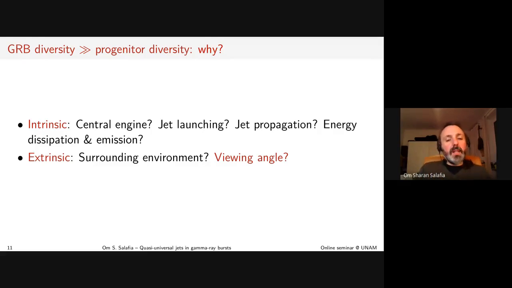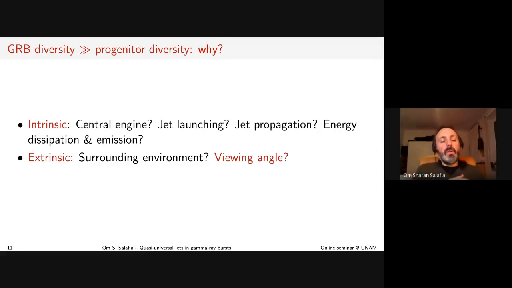It could be, for example, that the surrounding environment plays a role, and we actually do know that for gamma ray burst afterglows, which are produced by shocks when the jet material collides with the external medium, for example the interstellar medium surrounding the remnant, depending on the density of the external medium and even on the clumpiness or density profile, we can have diverse properties of the external shock.